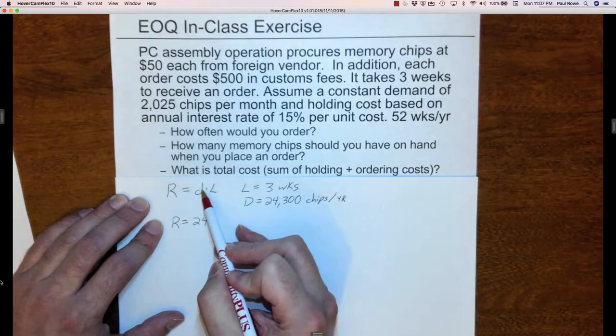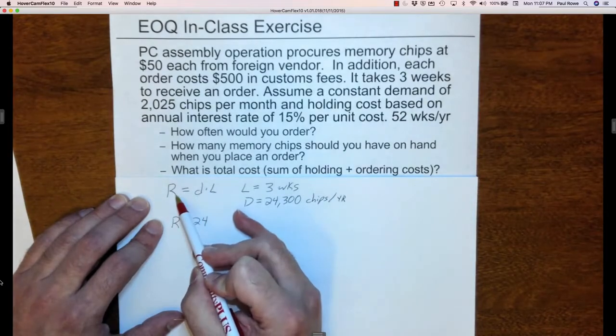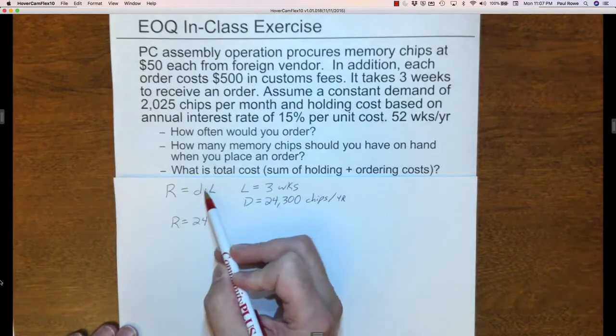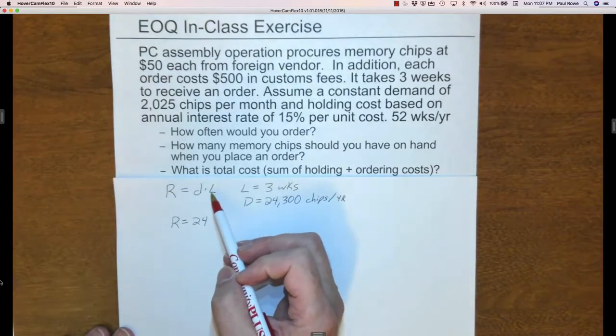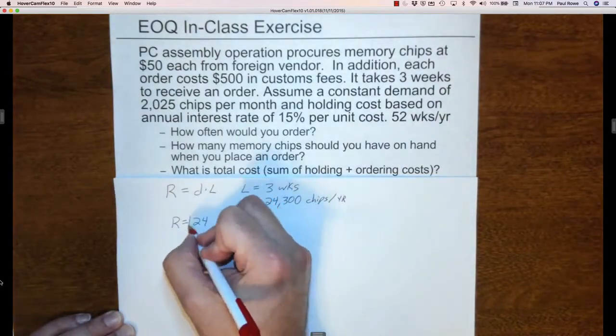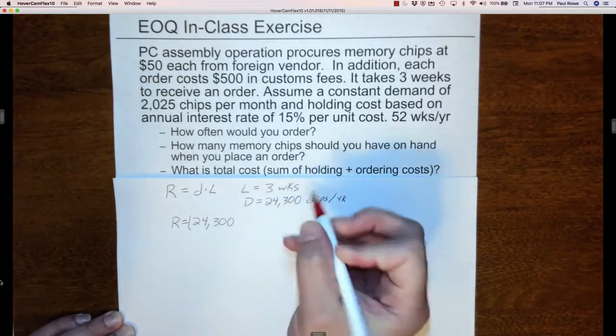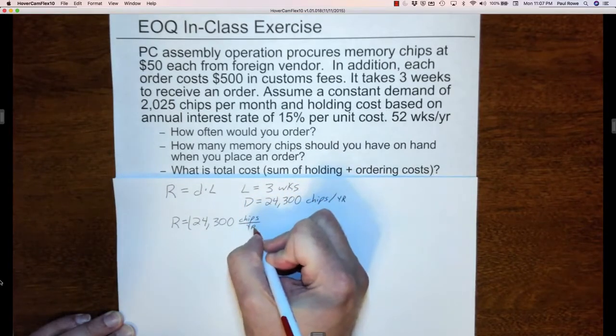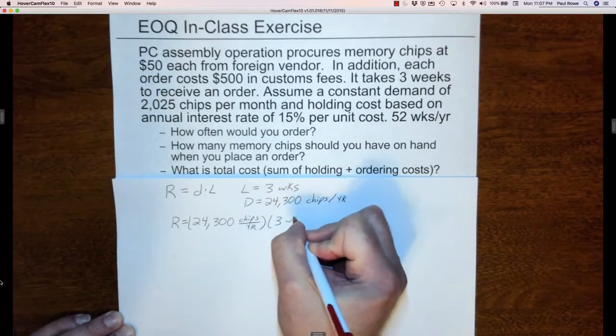But what do we know that we need to do? Reorder point is simply a quantity, so we want to make sure that we've eliminated all units of time. So we take our 24,300 chips per year, multiply it by our 3 weeks.